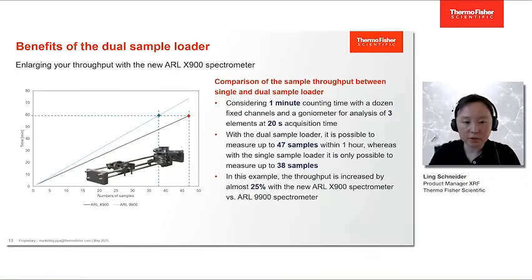With the dual sample loader, it is possible to measure up to 47 samples within 1 hour, as you can see here, whereas with the single sample loader, it is only possible to measure up to 38 samples. Thus, here the throughput is increased by almost 25% with the new ARL X900 spectrometer as compared to its predecessor.